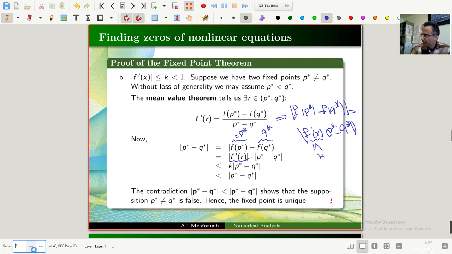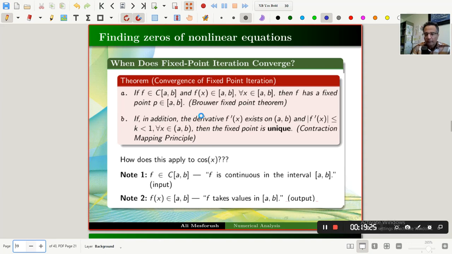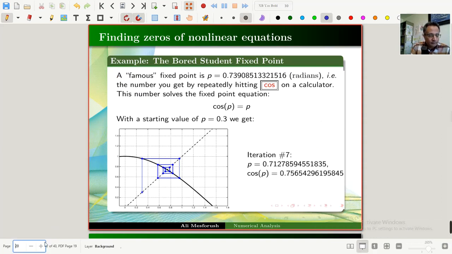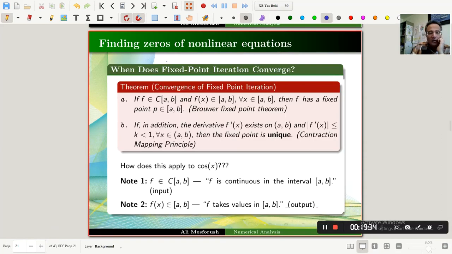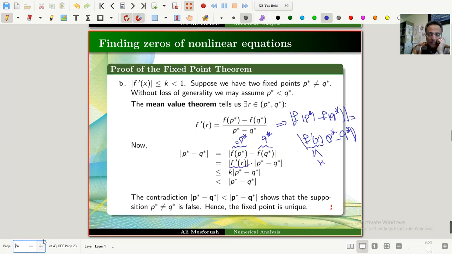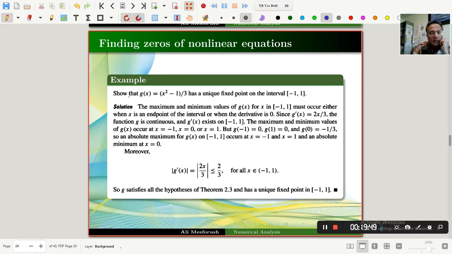Doesn't work. Look at here. For the first condition, we should have f of x belong to the interval a and b. So let me go to the problem. Look at here.